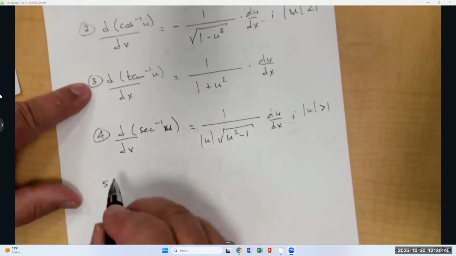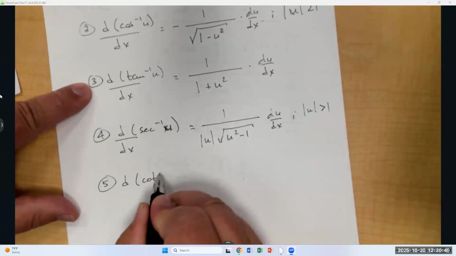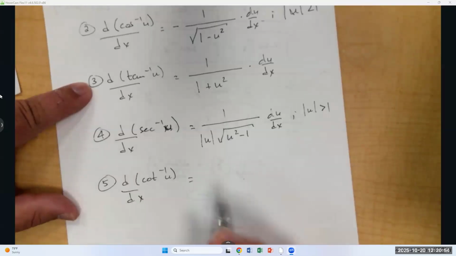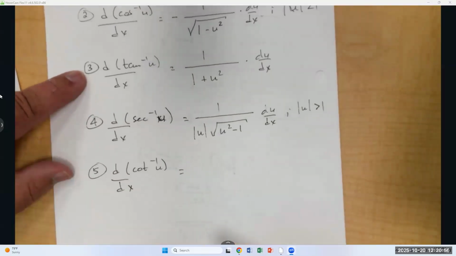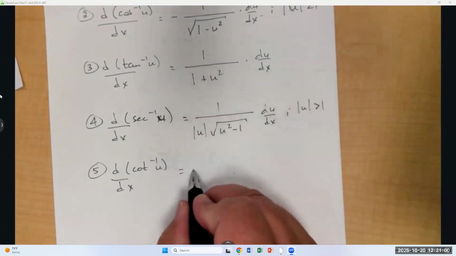Ooh, I haven't done cotangent. The derivative of cotangent inverse is the same as this, but it's the negative of it.